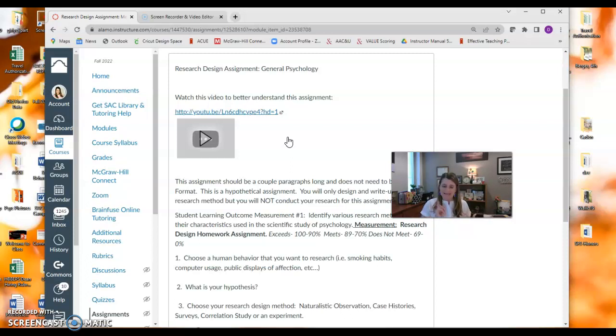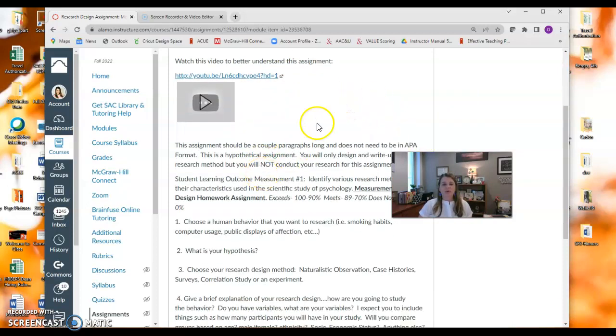You don't have to worry about money or logistics or time or anything like that, which is what we always are worrying about when it comes to research, especially the money part. So again, you are thinking like a psychologist in answering these 4 questions where you are designing your own experiment or survey or correlation study or naturalistic observation. That's what you get to pick. So please watch this video right here where I go into great detail of explaining this assignment to you.